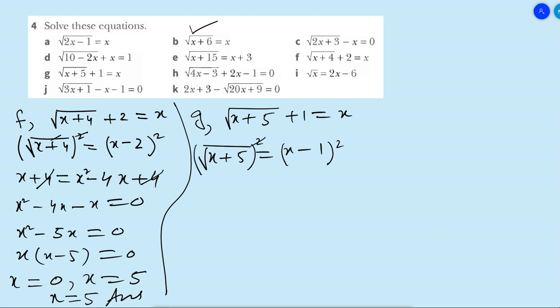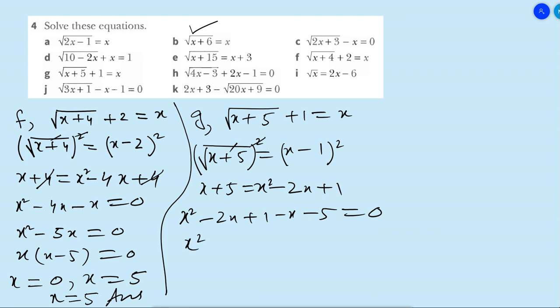Square and root cancel. x + 5 = x² − 2x + 1. Then x² − 2x + 1 − x − 5 = 0. Now x² − 3x − 4 = 0.